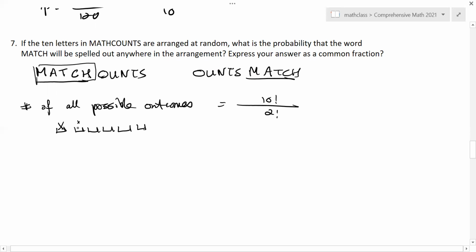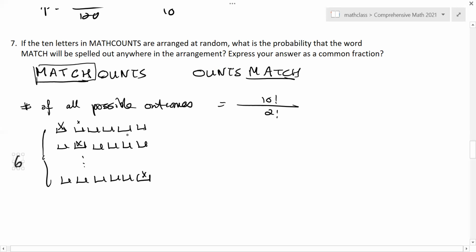If we occupy this space, then you have 5 left. Yeah, you have 6 different locations for MATCH.